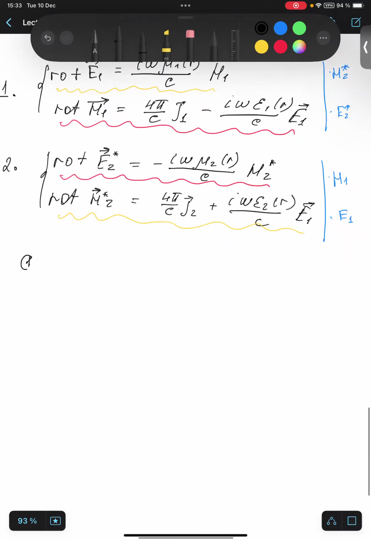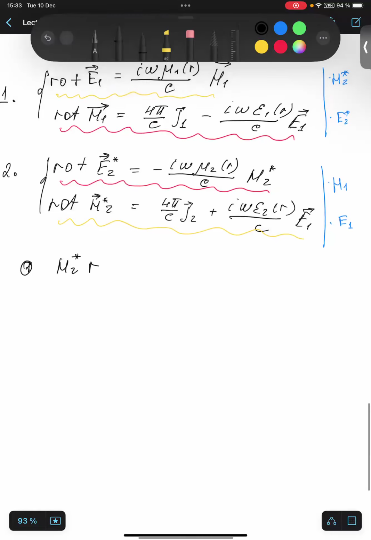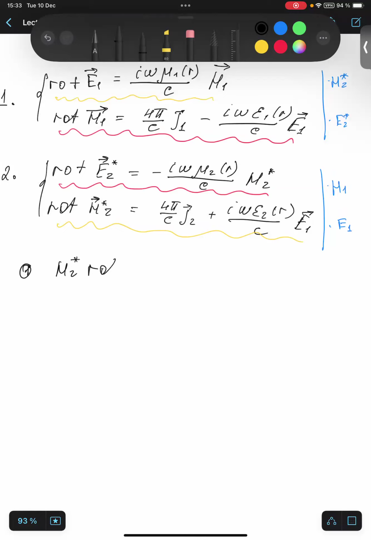For the first one, we obtain H2 conjugated curl E1 minus E1 curl H2 conjugated. This is nothing else than a divergence.